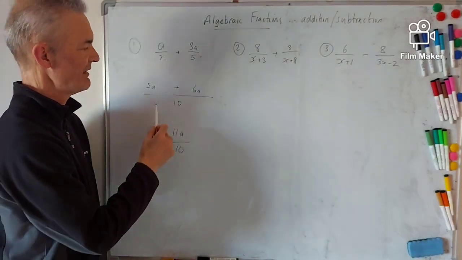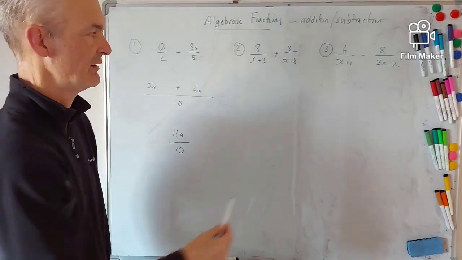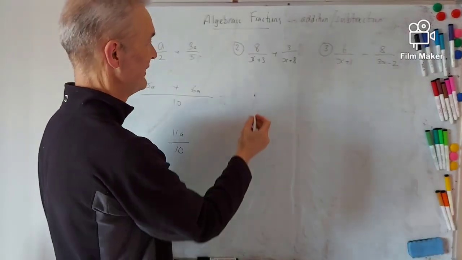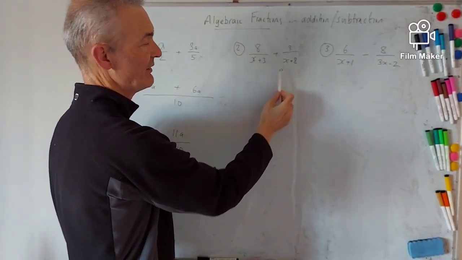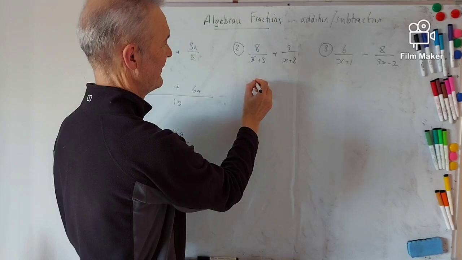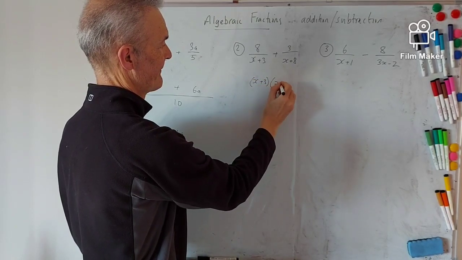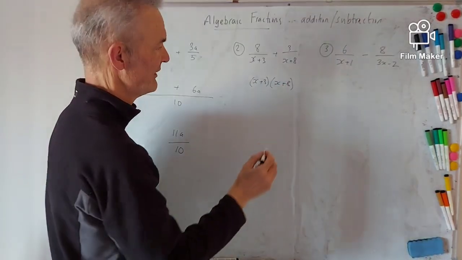Okay, and again, the method that I use here, we're going to do the same here, although it's a little bit harder because what we have in the denominator is a little bit more complicated. So to get the denominator, we multiply these two together. So remember that this is going to look like this, and then we use the usual method.